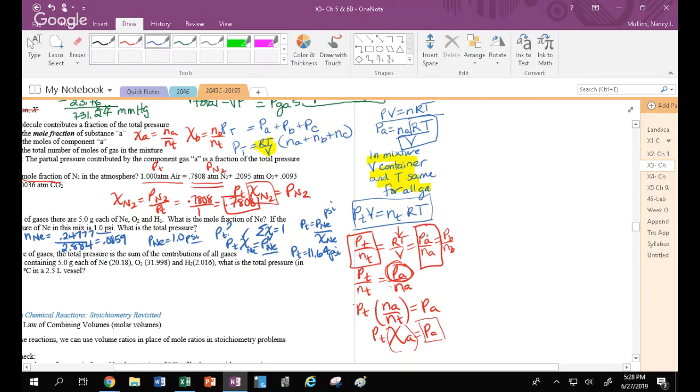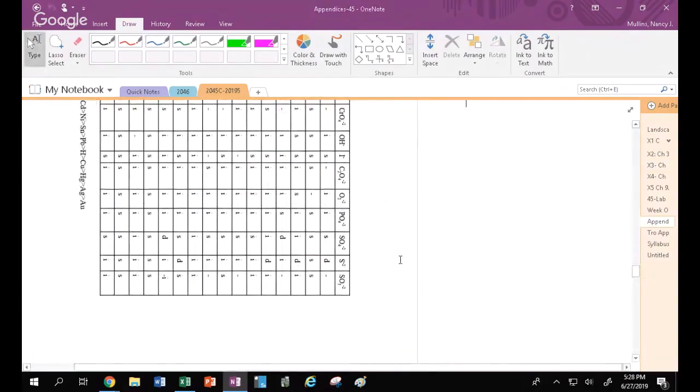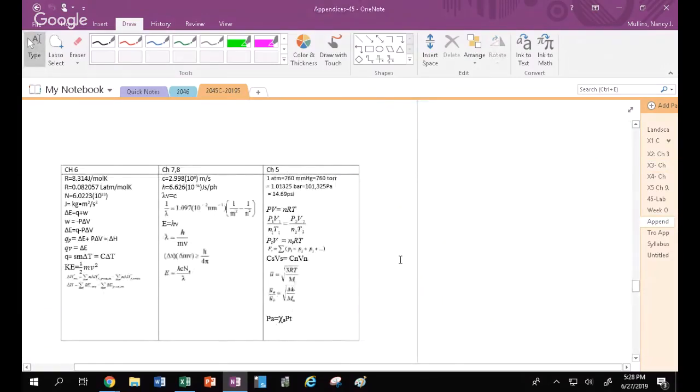So we chose this time to talk about neon, but I also could have talked about oxygen or hydrogen and figured out their partial pressures. So the big picture here is you know that you're going to be given these formulas. Your mission is to know how to use them.